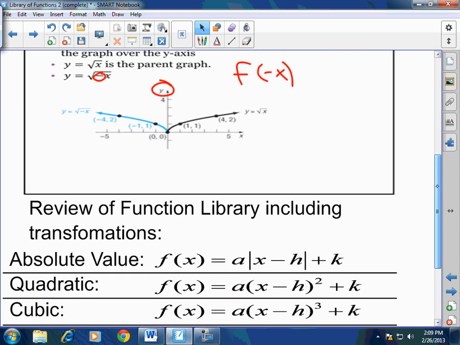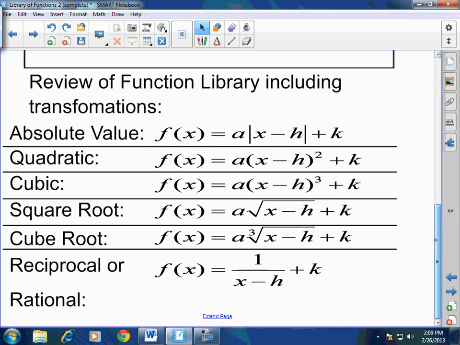Now, I wanted to give you guys the function library, including the transformations. A lot of times people understand the transformation, but they don't know how to put it all together. So for absolute value, it's A, which is the compression or the stretch, times the absolute value of x minus h, that's your horizontal shift, plus k.